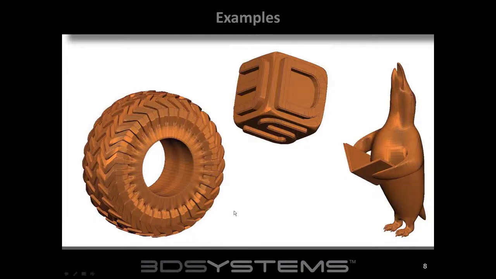Can you describe the difference between crease and sharpness again? Okay, the difference between crease and sharpness. Sharpness is trying to extend the geometry all the way to the edge.